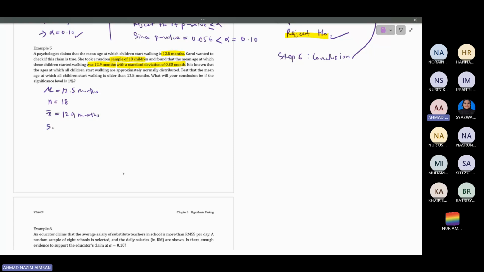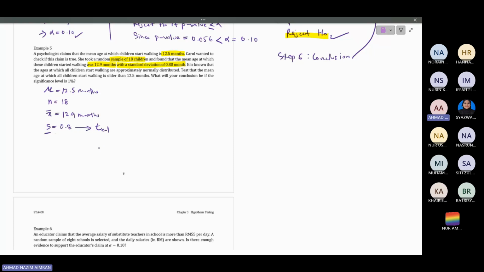So this is S. It is not sigma. Standard deviation of the sample is S, 0.8. So if the standard deviation of the sample is given, for this case, you need to use the formula with the t, not the formula with the z. Or in other words, you need to find the t calculated.